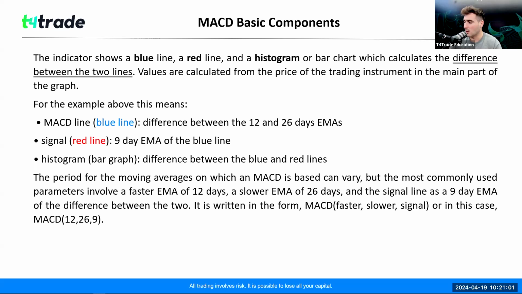So when you hear someone ask, for example, what are your MACD settings, they're going to say, for example, 12, 26, and 9. 12 refers to the short-term moving average, 26 refers to the long-term moving average, and the 9 is the signal line. So this is one way to conceptualize this.